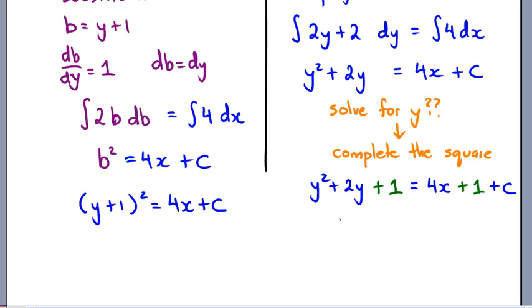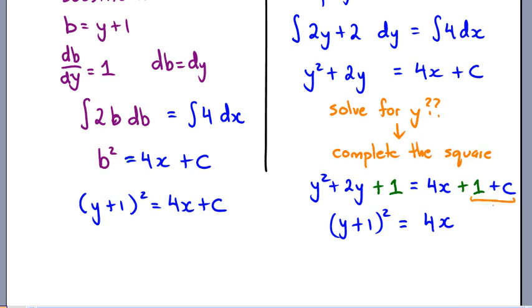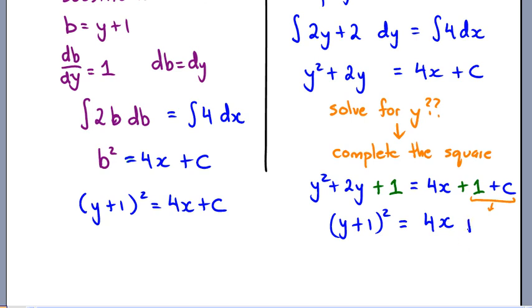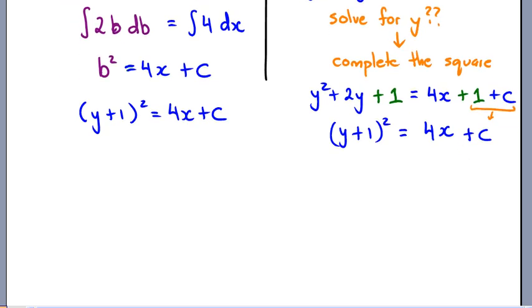And I could say, okay, well, we're now here, we've got y plus 1 squared, because that was a perfect square trinomial. And on this side, I could just go 4x, and then I'm going to blend these two things together and just say it's going to be 4x plus some sort of other constant. And there's that whole without loss of generality thing, right?